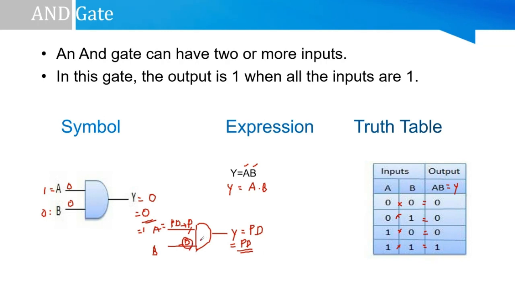That's why we use the AND gate. It is just one example. You can see the AND gate in many applications.